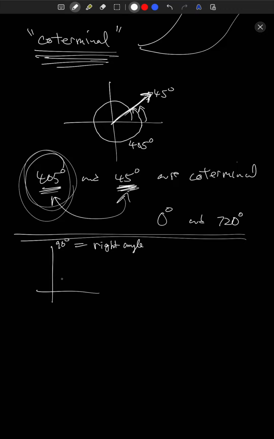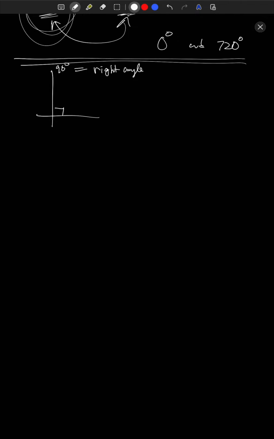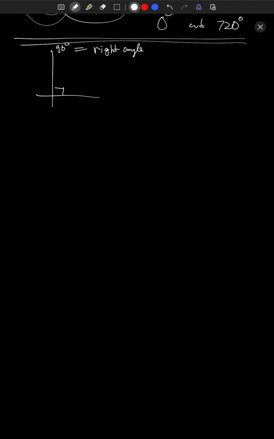If it's 90 degrees, it's so special that we use a little rectangle to indicate a right angle. These are super important because right triangles are super important, especially in terms of the Pythagorean theorem.